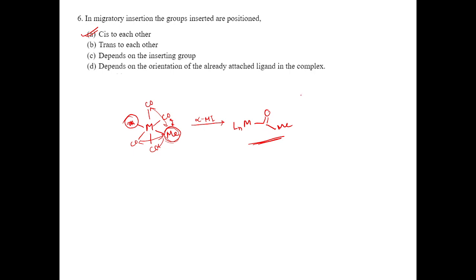This type of migratory insertion is possible only when they are cis to each other. The same thing is followed for reductive elimination also: if it is cis to each other, then it can undergo the reductive elimination. Okay, so let's go to the next question.